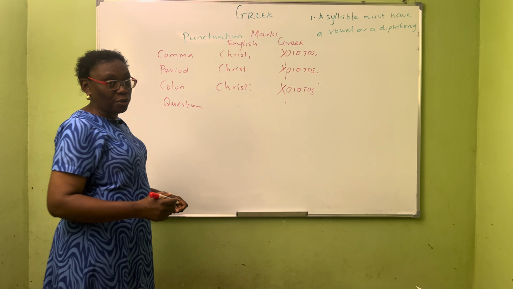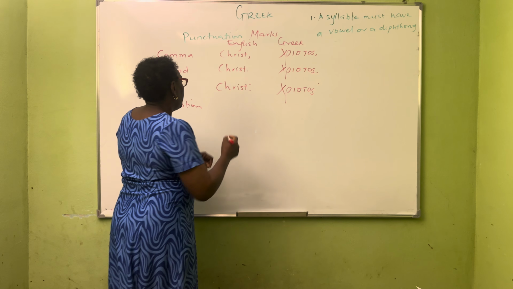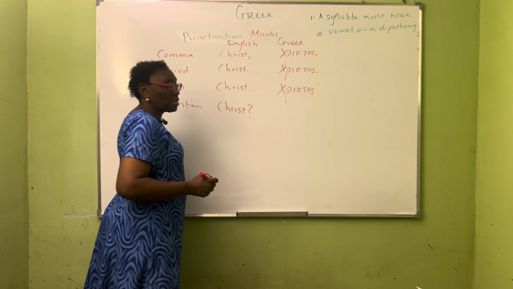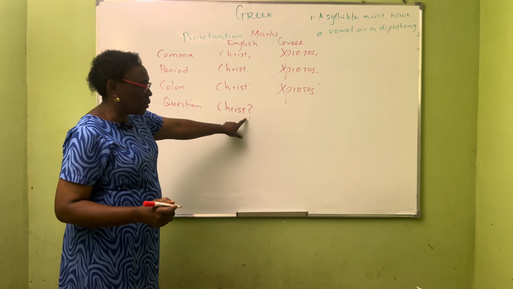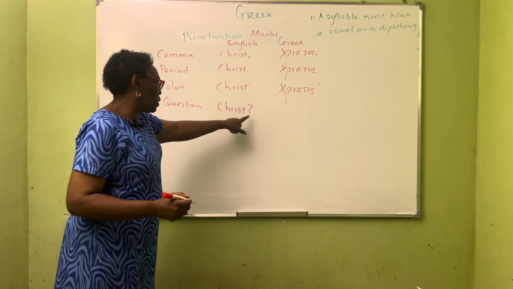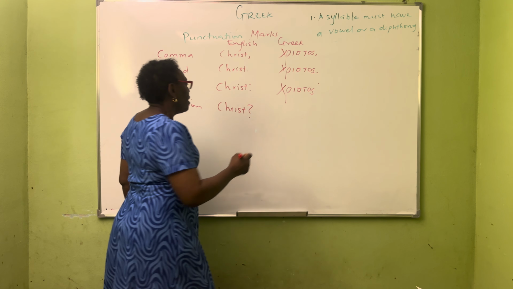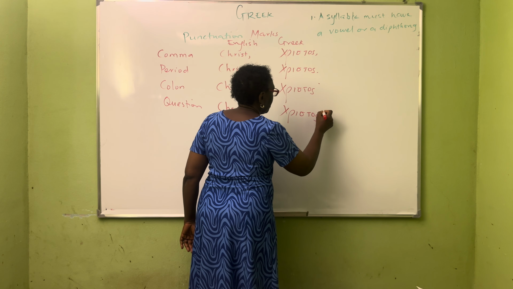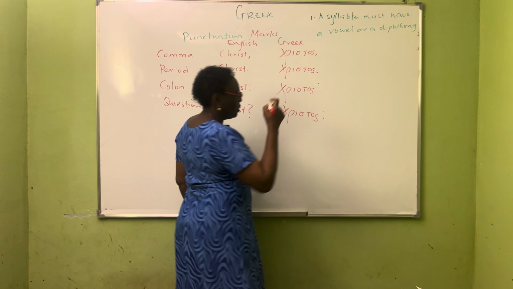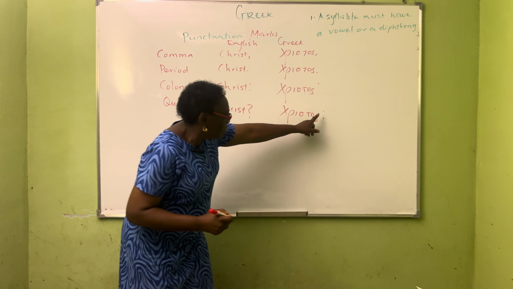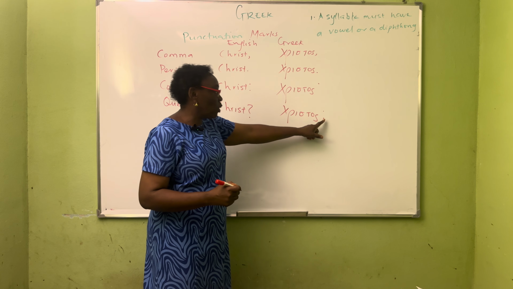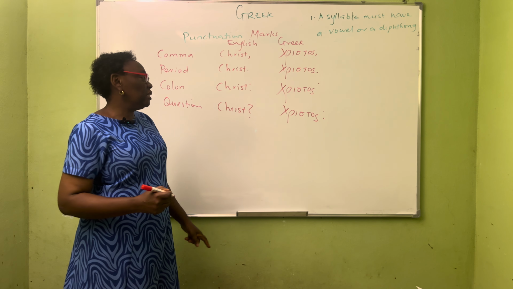And then we have question mark. So if I were to make it a question, say Christ, you can see the question mark. That is the question mark in English. If it were in Greek, this would be the question mark. This, which is like the semicolon in English, is actually the question mark in Greek.